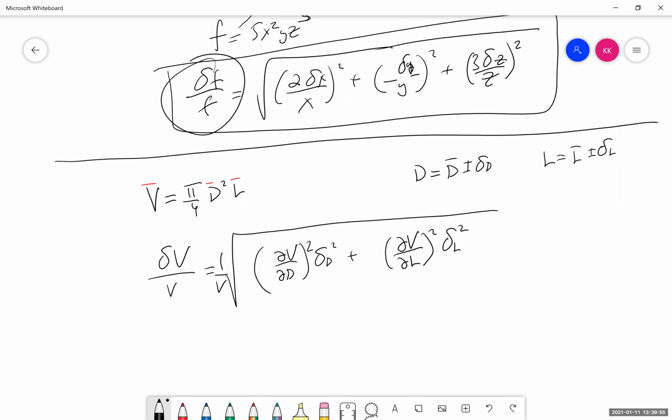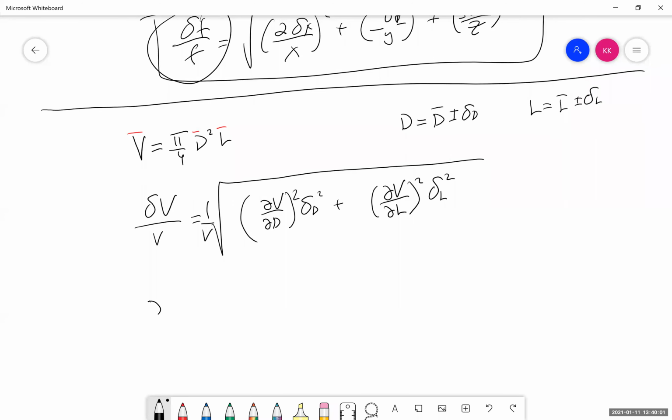And then one thing I can do here is find those partial derivatives. For example, the partial derivative of V with respect to D. All right, so what do we get from here? Well, this is my equation, right? If I'm taking the derivative of that equation with respect to D, we're treating everything else as constant.